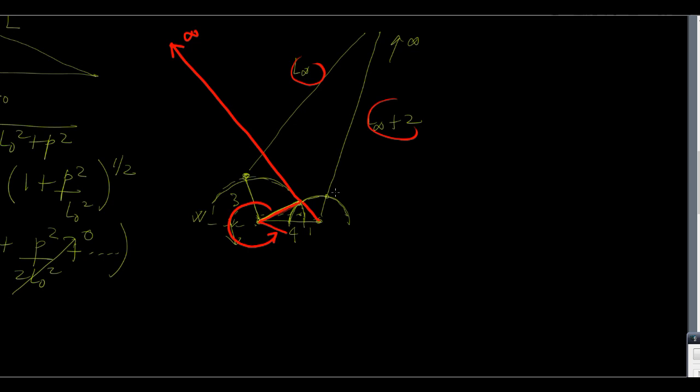When we look at the extreme position of this one, then these have to be collinear. Okay, very good. This is L infinity plus 2, this is L infinity plus 3 when it is collinear, and this is 4. That triangle is possible.